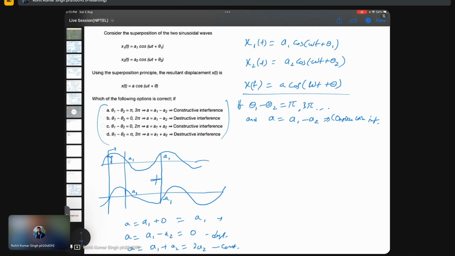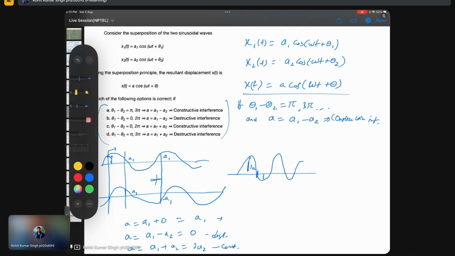So at some point the wave gets enhanced, and at some point it gets diminished. Some points will have constructive interference, some points will have destructive interference where the height decreases.